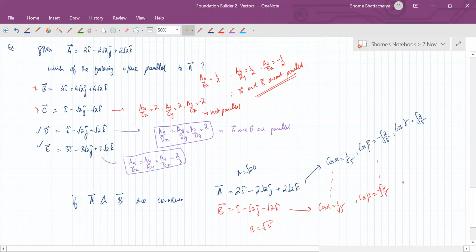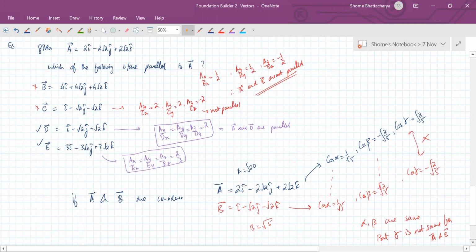So these two are also equal. But cos gamma for this one is minus of root 2 by 5. So this is not equal. Okay. So therefore alpha beta are same, but gamma is not the same for A and B. Okay. And that is why they are not parallel.